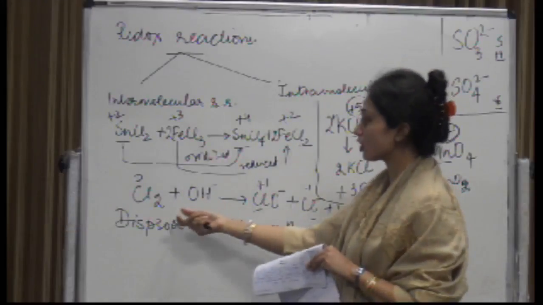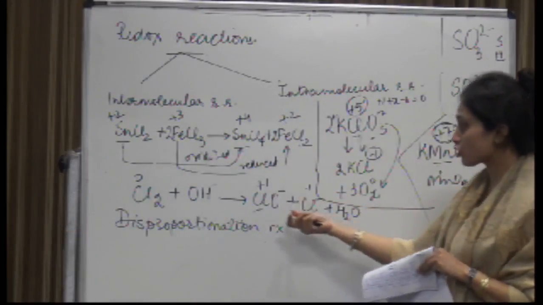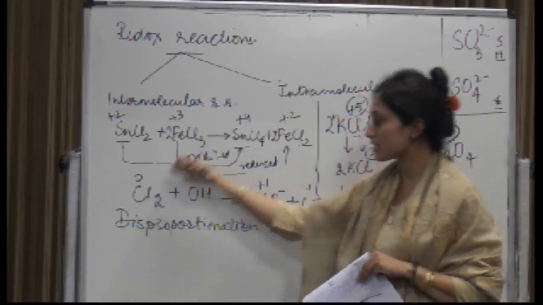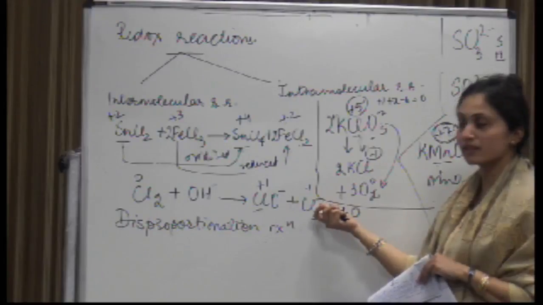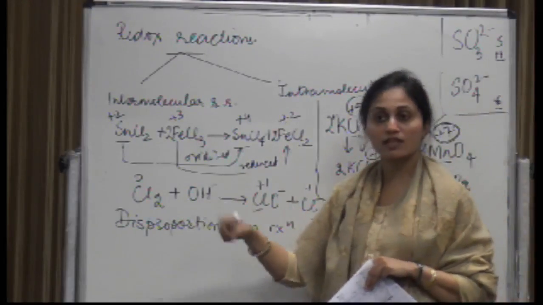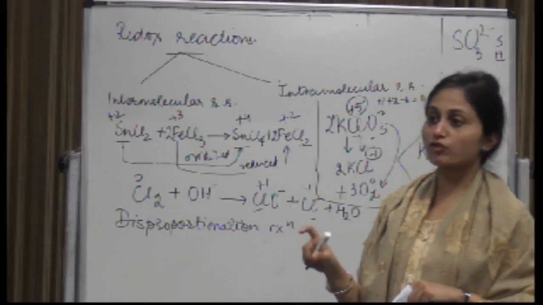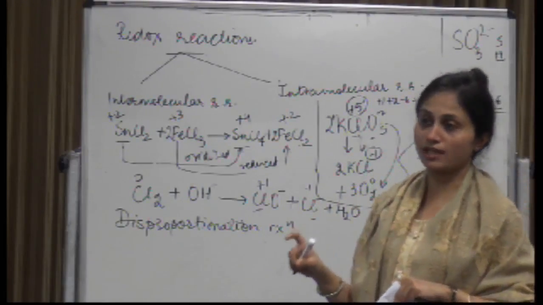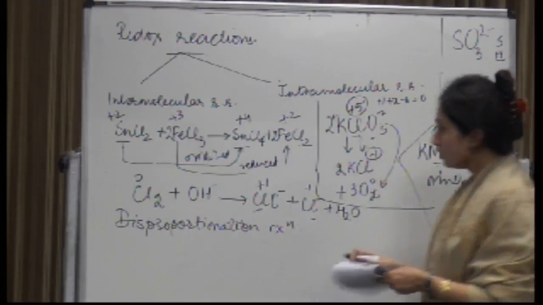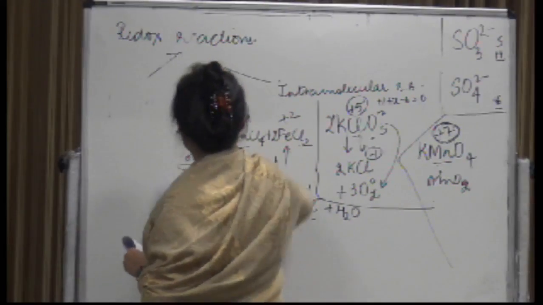Like in this particular case, Cl is getting oxidized to +1 state in ClO minus and Cl itself is getting reduced from 0 to -1 state in this reaction. So where the same element is getting oxidized and reduced at the same go, that reaction is known as disproportionation reaction. Then we can have other examples also. Clear with this?